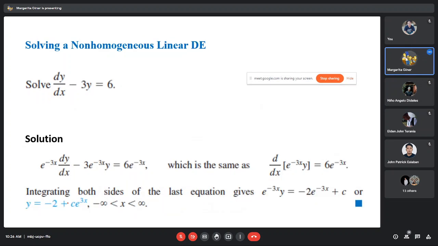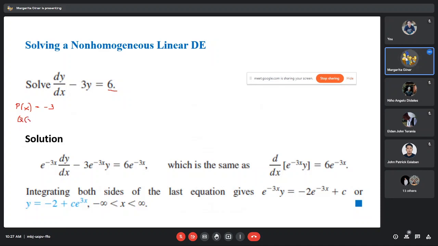Alright, proceed. So it is the same, but it added 6. Let's solve this. What was added is this. So again, this is already in standard form. Your P of X is the same, negative 3. But your Q of X is no longer 0.